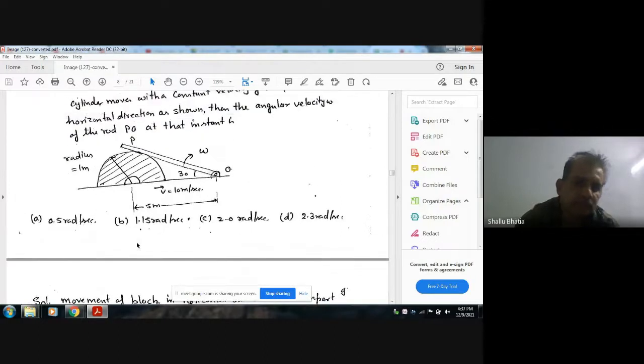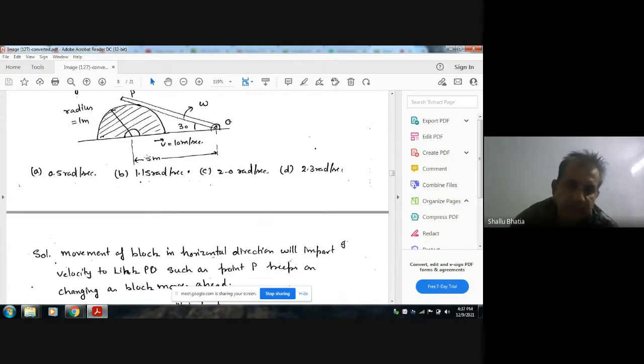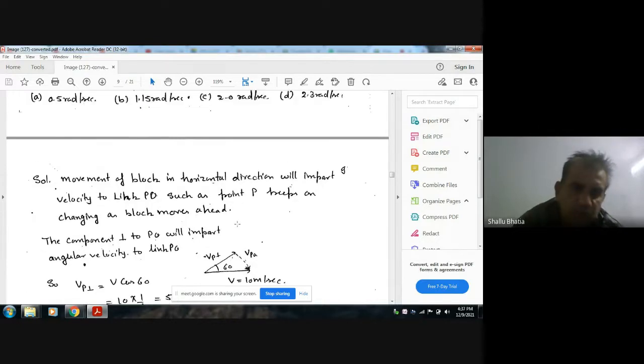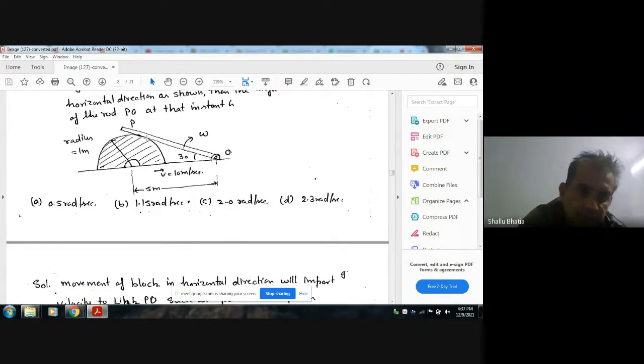As the velocity in the horizontal direction is 10, here the velocity will also be 10 meters per second. As this cylinder moves, the point of contact will come down, and it will go up.